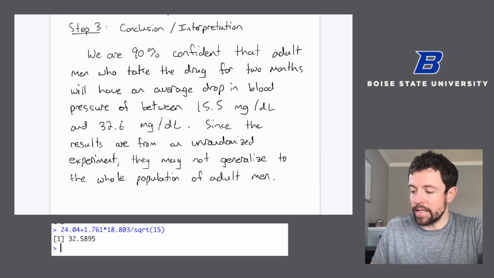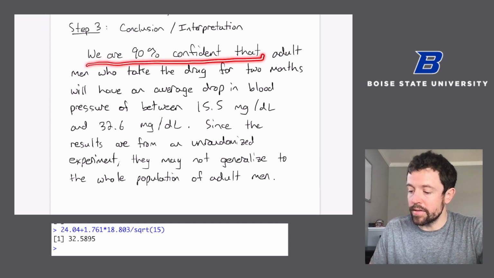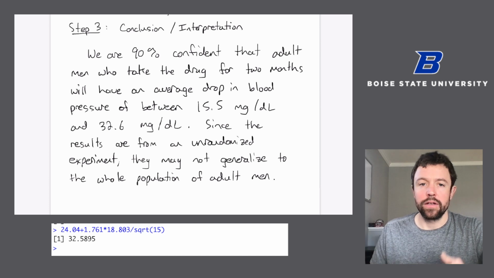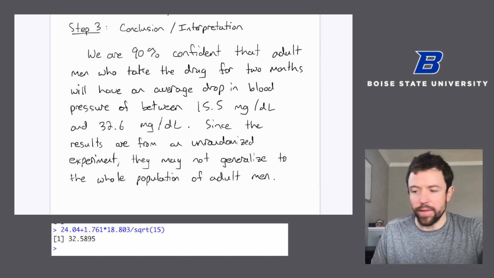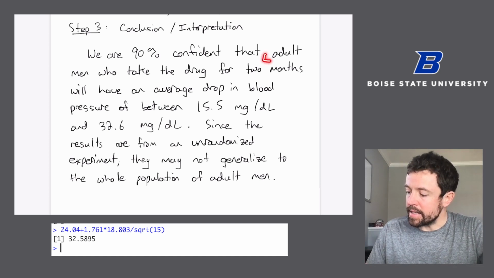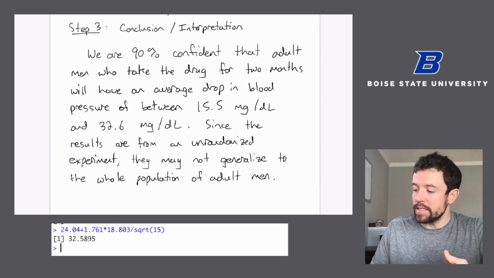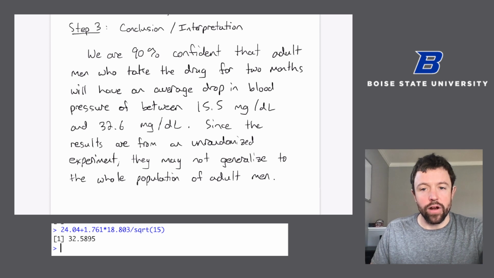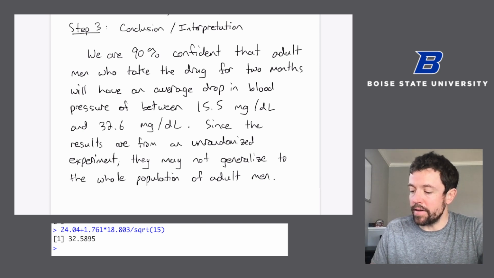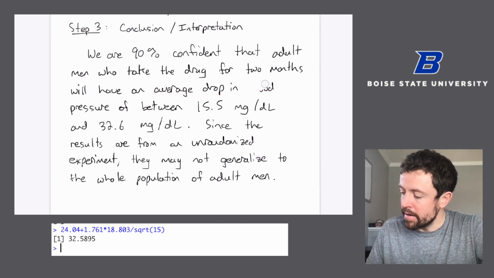And so we say something like this: we are 90% confident that, so that's how we always start, we are some percent confident that something. And then the second part of the sentence is saying, what is our interval telling us? And it's always, this interval is an estimate for the average drop. So we're 90% confident that adult men who take the drug for 2 months will have an average drop in, I said blood pressure, didn't I?